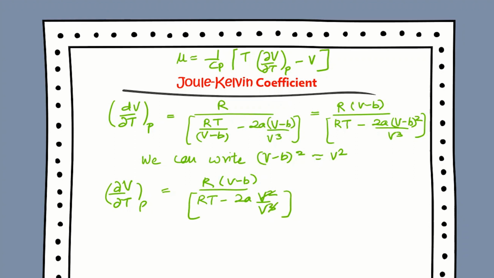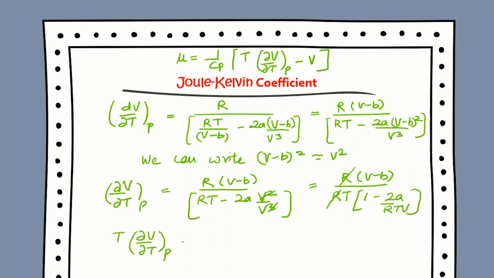So this will cancel this. Now we'll take RT common from the denominator, and we are left with 1 minus 2a/RTV. So we can cancel this R. So we will take this T ∂V/∂T at constant pressure on the other side, and this is (V − b) times (1 − 2a/RTV) to the power minus 1.